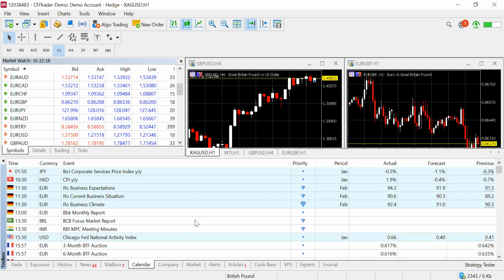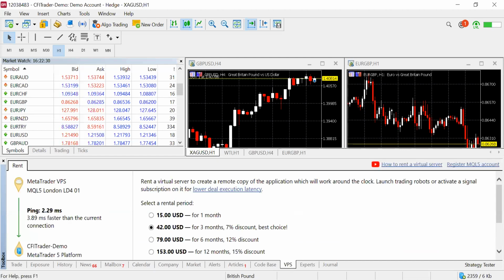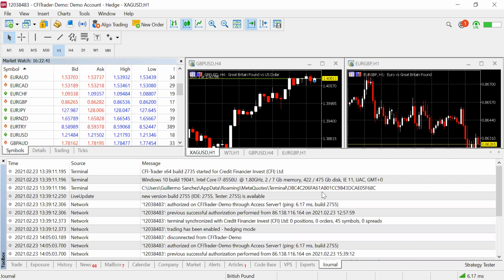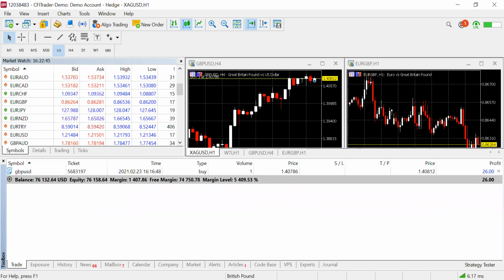You can see this on many financial websites, but you also have it on the platform. And the same with any alerts, they will all come up here. If you have any expert advisors or any VPS, it will show here as well. And here the journal simply gives you information every time you log in or open or close a trade. So you will have all the information in the journal, okay? So that is the toolbox.